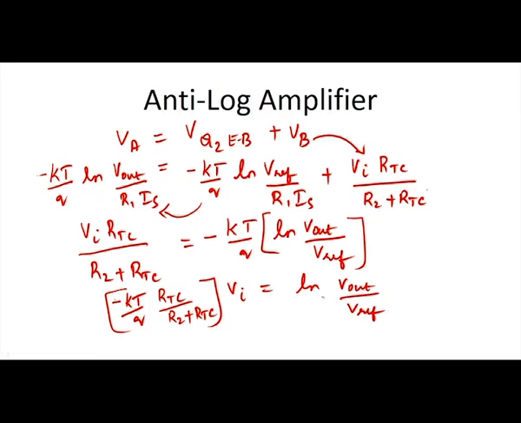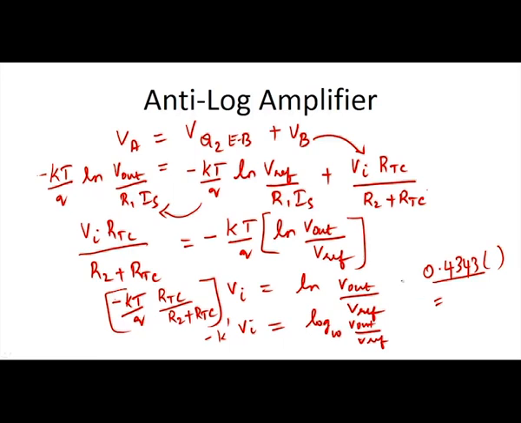If you have to convert a natural logarithm to log to the base 10, you have to multiply 0.4343 with the natural logarithm. So, you will get log to the base 10. Multiply both sides by 0.4343 and take the entire term as k dash VI after multiplication, and here you will have log to the base 10 of V out by V reference.